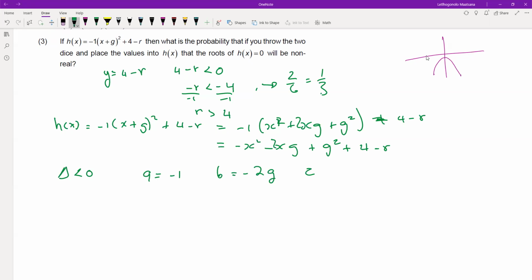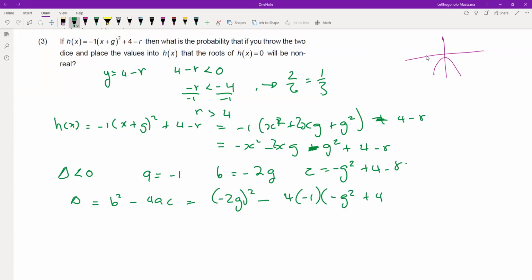And our c is equal to minus g squared plus 4 minus r. So our discriminant is given by b squared minus 4ac. So b is minus 2g, squared, minus 4 times our a, which is negative 1, times our c, which is minus g squared plus 4 minus r.